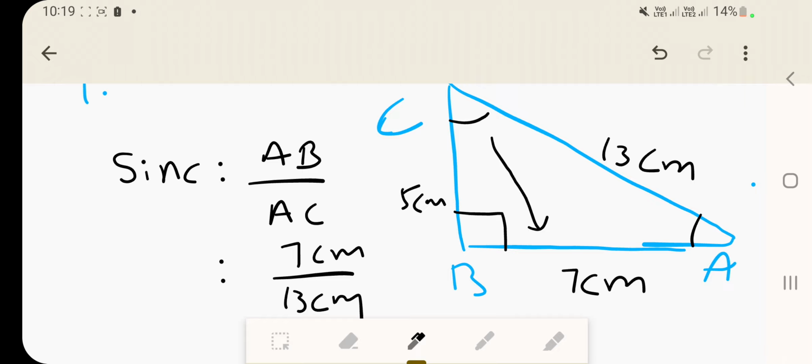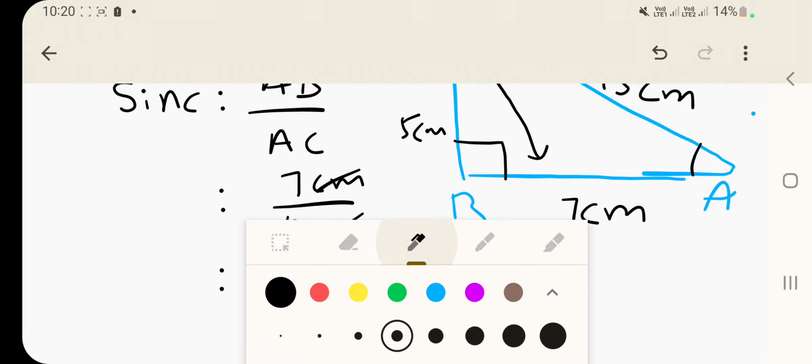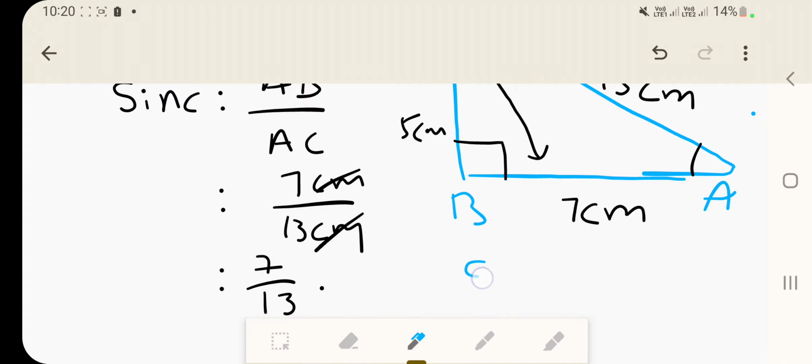Since it's a ratio, centimeters get cancelled, and sine C is 7 by 13.